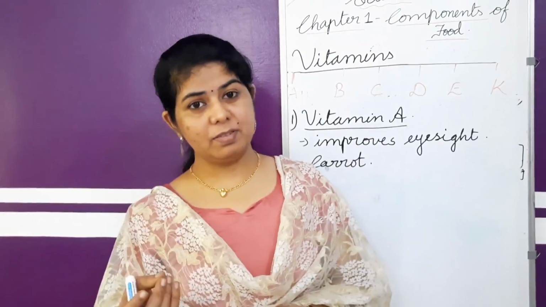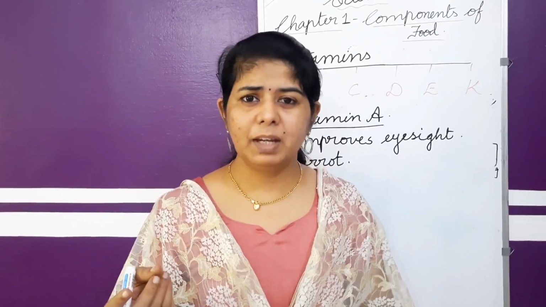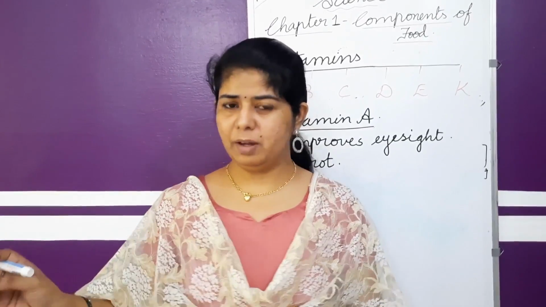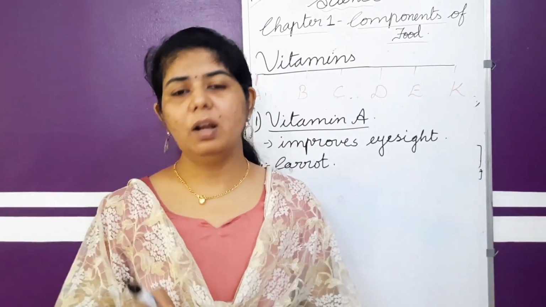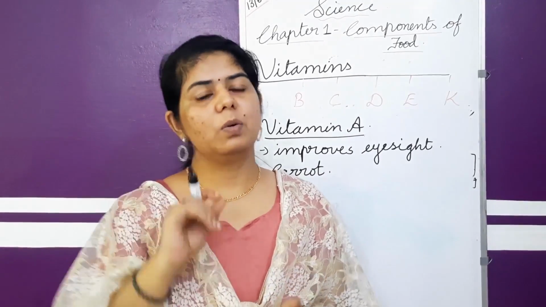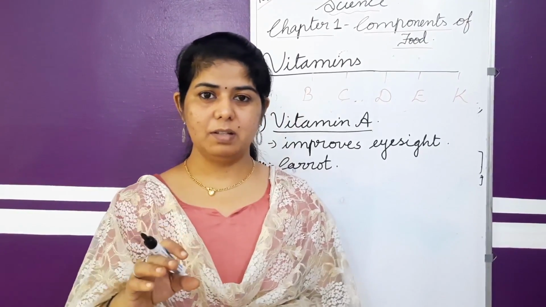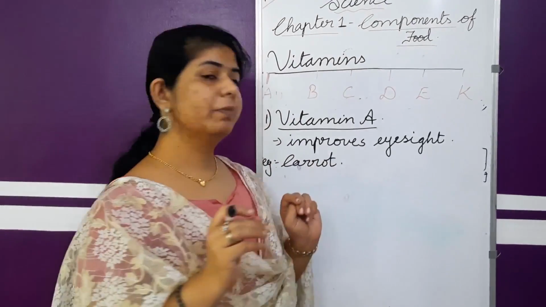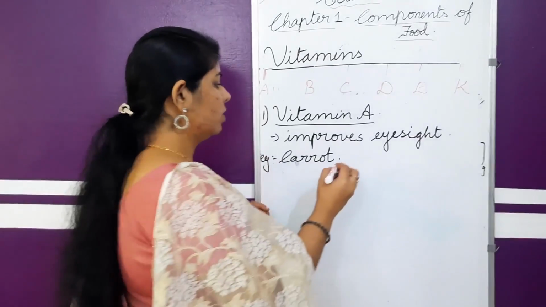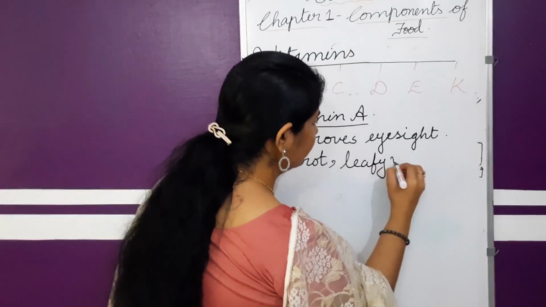Then pumpkin leaves are also edible, very nice and very tasty. Have you had them? If you have a pumpkin, you just pluck the leaves. They should not be eaten without cooking, but you can cook them and they are very tasty. All the leafy vegetables and carrot are rich in vitamin A.